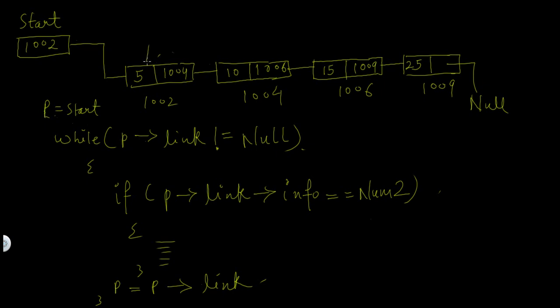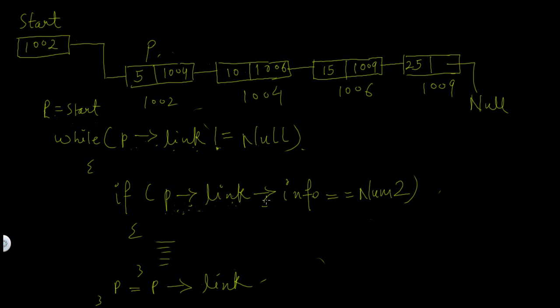Initially p will be equal to start, p will be here, and this while loop and this statement will move p from one node to the next each time this while loop runs, and every time this while loop is true, this if statement will be checked. Now p link means link part of this node, and it is not equal to null, so this while condition is true, so this if statement will be checked.